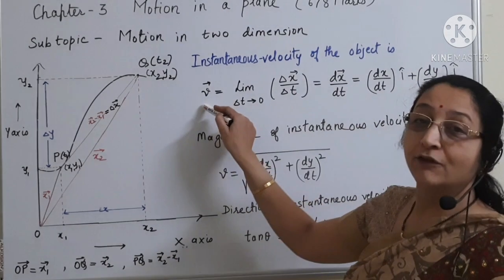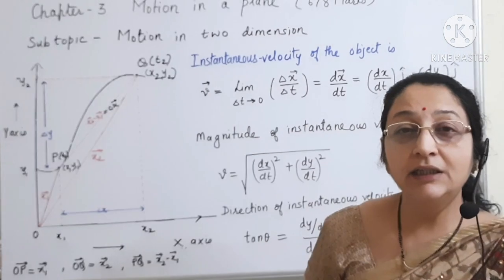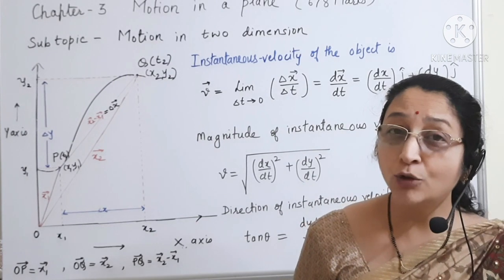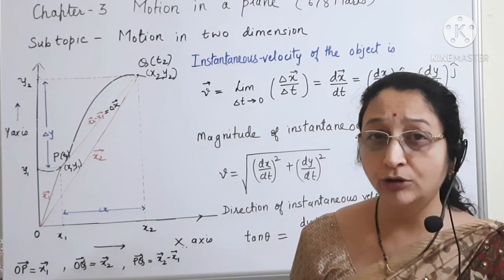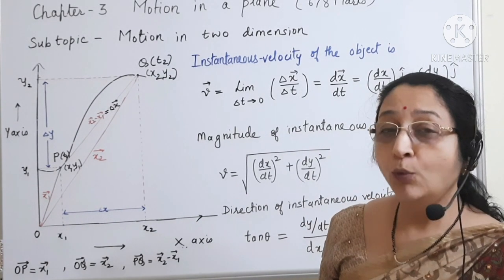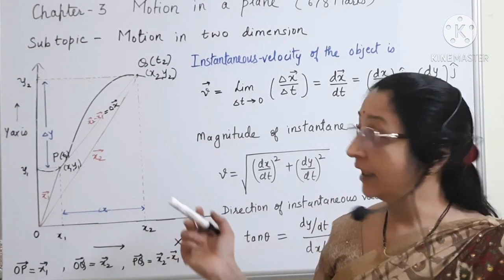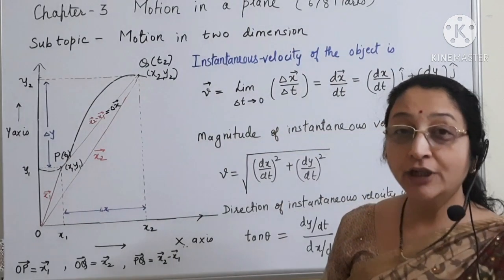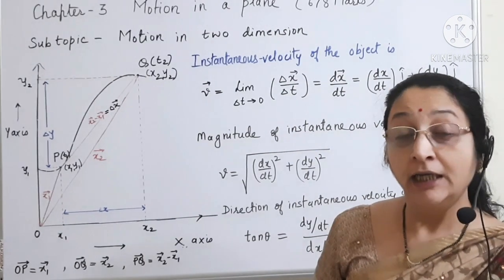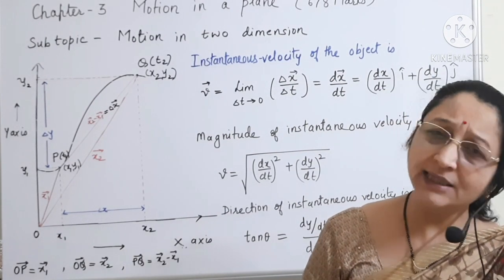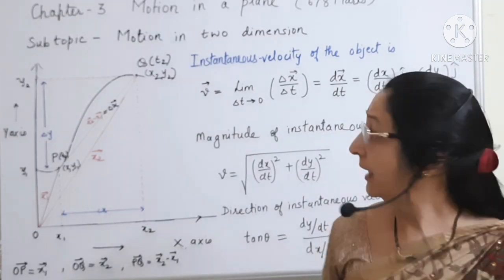So the instantaneous velocity तिथे पण आपण याच पद्धतीने define केलं होतं, म्हणजे rectilinear motion मध्ये पण आपण याच पद्धतीने define केलं होतं. इथे that is the motion, म्हणजे rectilinear motion म्हणजे motion in one dimension. आता ही motion in a plane आहे, so motion in two dimensional motion आहे. इथे पण आपण instantaneous velocity same पद्धतीने सांगणार आहे.